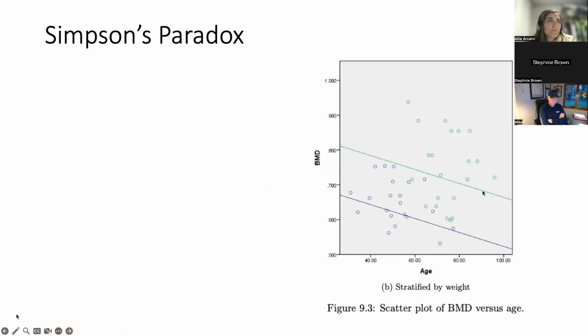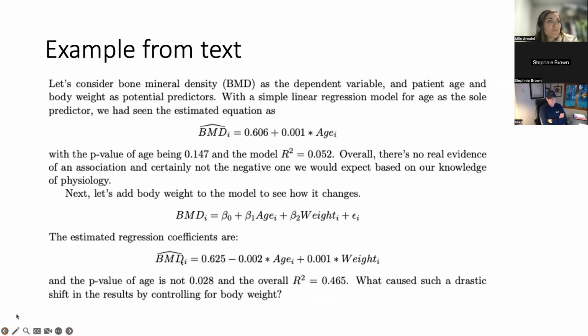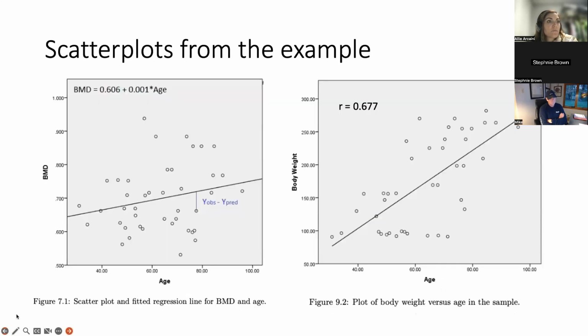Here's a plot where I make a new dummy variable in my data set: is the patient over 156.7 pounds? So blue is no, green is yes. If I then go ahead and fit the regression line in both groups separately, they're going to be parallel, so they're going to have the same slope. Indeed, it's that same negative slope.